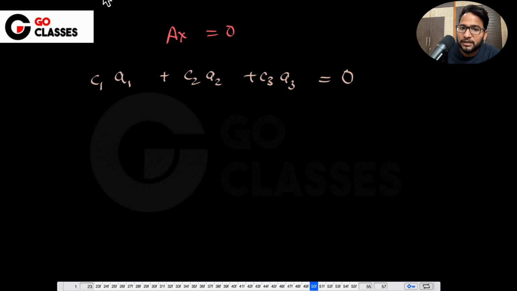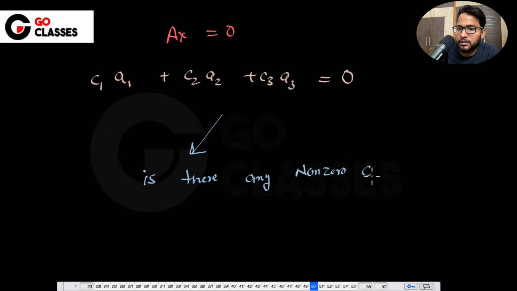You will ask, does there exist any non-zero ci that still satisfies this? If the answer is yes, then they are linearly dependent. Otherwise, they are linearly independent, right? If the answer is no, then they are linearly independent.